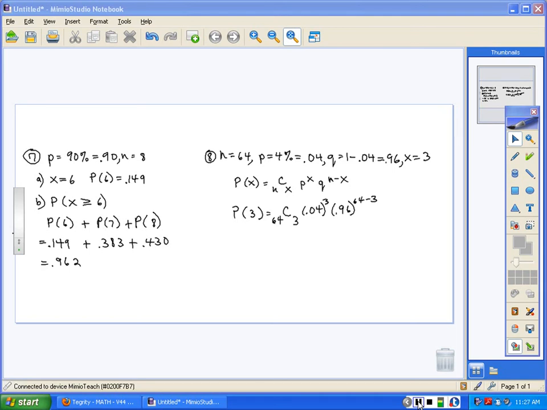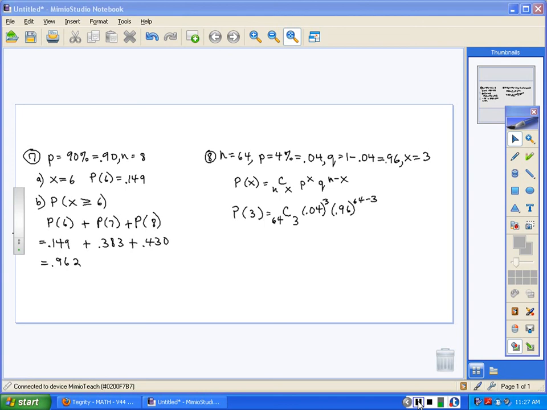Okay, so to do the first part, the C stands for the combination formula, and you can do that on your calculator by pressing Math on the TI calculator. Almost all calculators have this, so I can help you find it if you don't have a TI calculator.